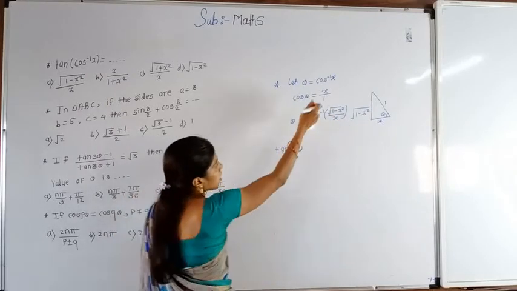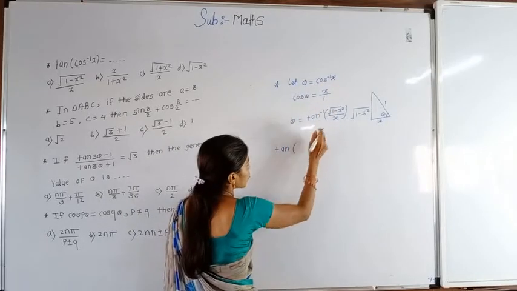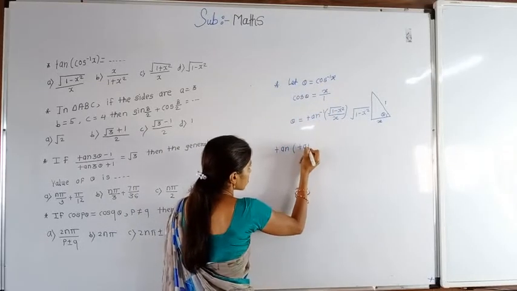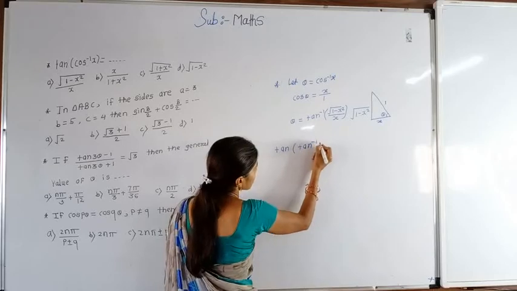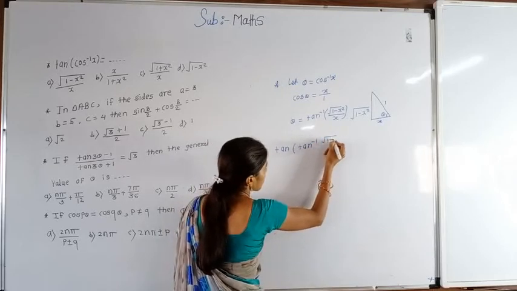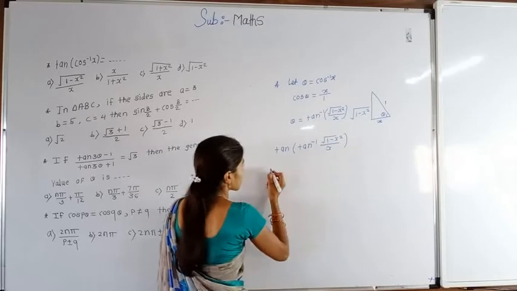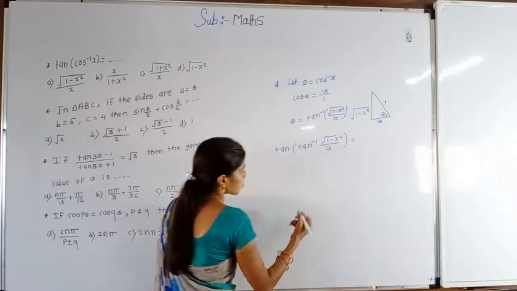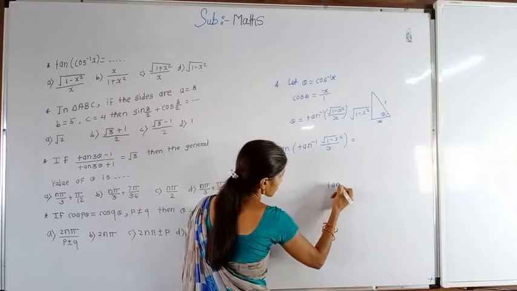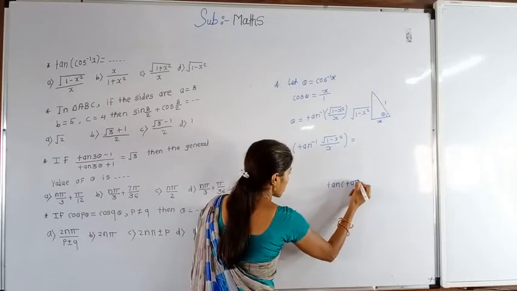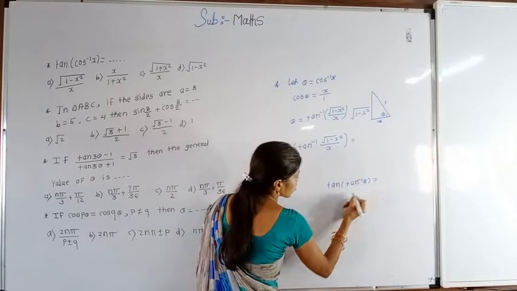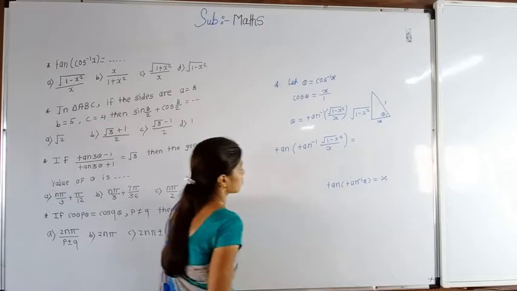So, cos inverse we can write in terms of tan: tan inverse of root 1 minus x square whole term divided by x. In that case, we have to use the property that we know, tan of tan inverse x is equal to x.